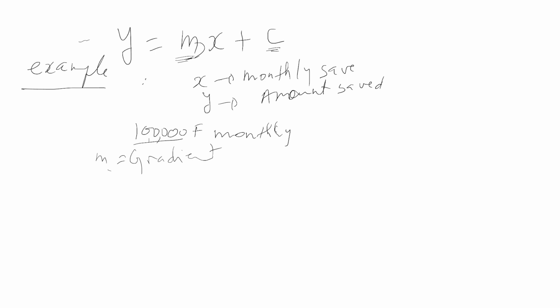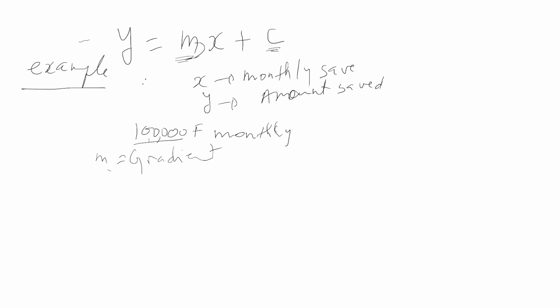We have time, monthly, and the amount of money that we saved. These are two variables. Time monthly, because that is where we are evaluating our savings, and then we have the amount of money we saved.